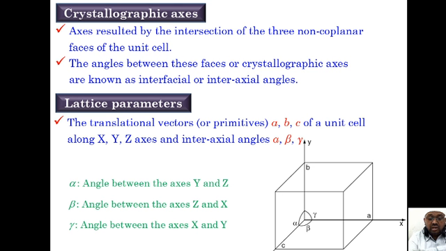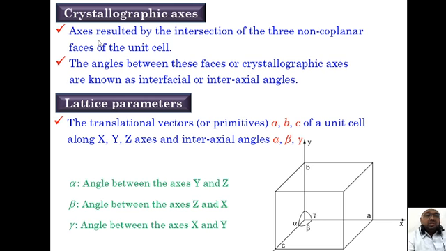You can write here x, y and z; it need not be necessary that I write it here itself. So, x axis, y axis and z axis. Here the angle formed along the x axis is alpha, the next angle formed is beta, and the remaining angle is called gamma.